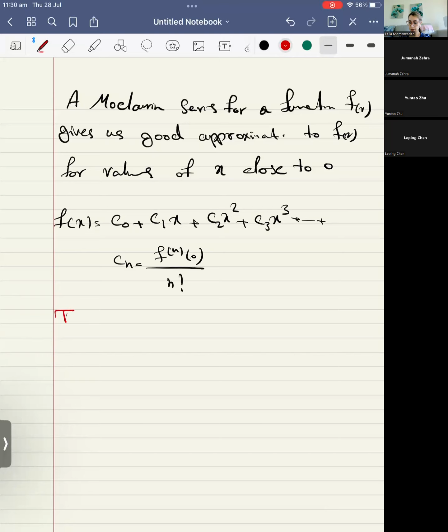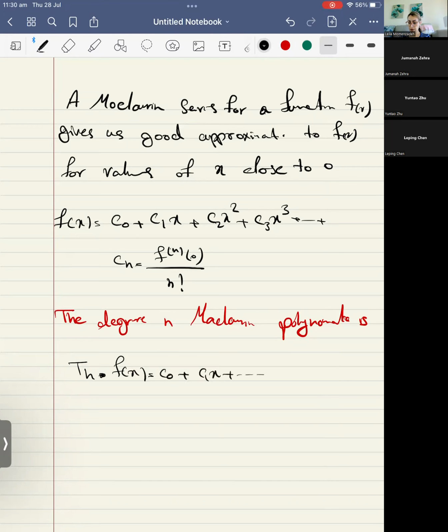It means the degree n Maclaurin polynomial is Tn, so Tn of f of x is equal to c0 plus c1x plus something plus cn x^n.